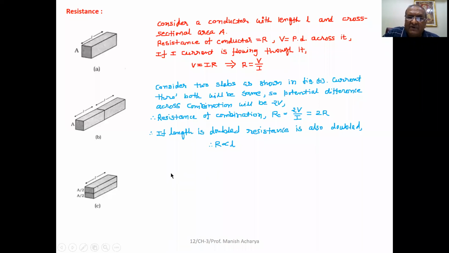Now, let's perform the third experiment, in which we take two conductors, both with length L, but with cross-sectional area A by 2 each, and arrange them as shown in the figure.